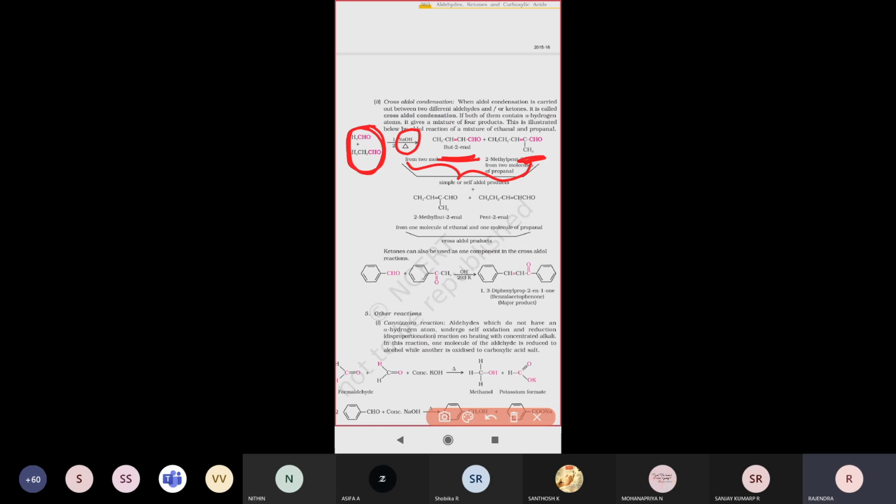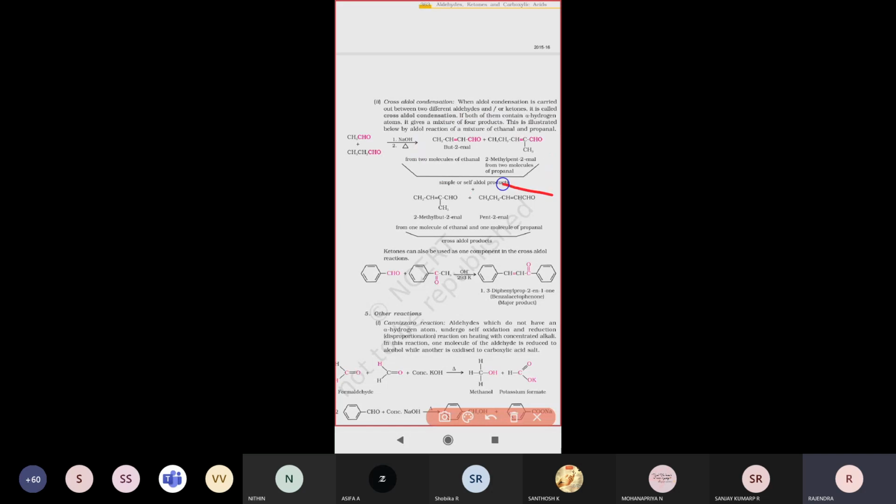Cross aldol happens between different compounds. So these are the aldol products, and while eliminating a water molecule, these compounds will be forming.